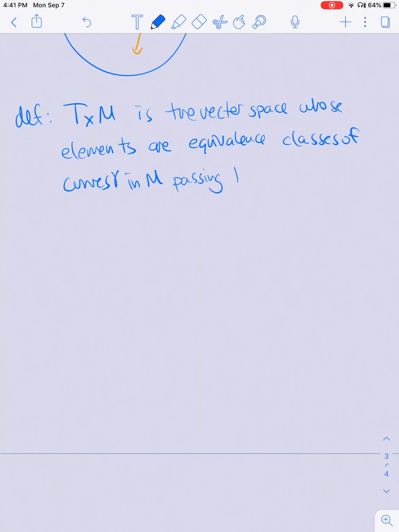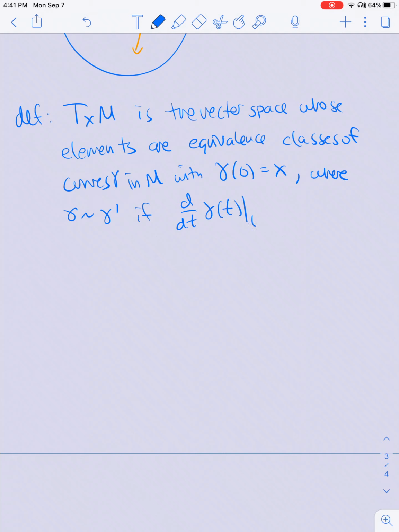Instead of writing this all out, I'll just say they're passing through x at 0, with the property gamma of 0 is equal to x. We consider gamma and gamma prime to be equivalent if the derivative of gamma at t equals 0 is equal to the derivative of gamma prime at t equals 0. This is just the regular vector valued derivative.